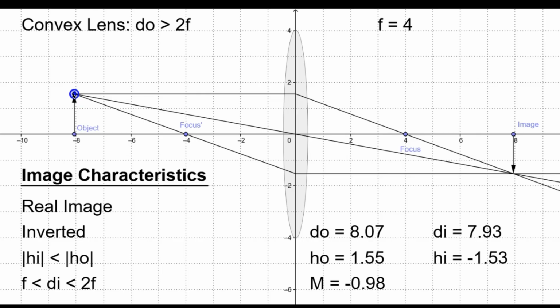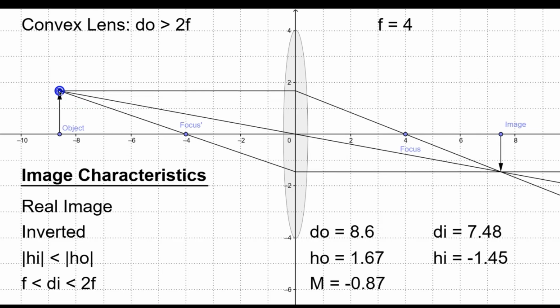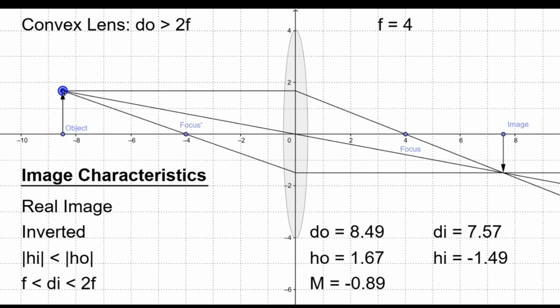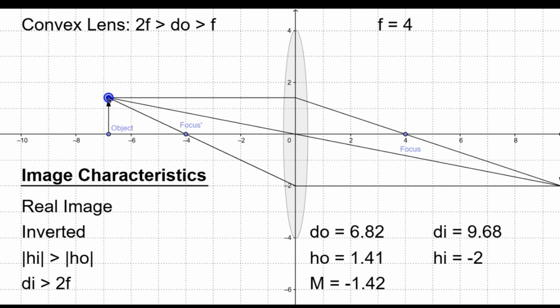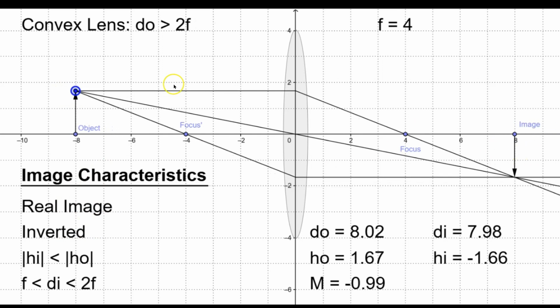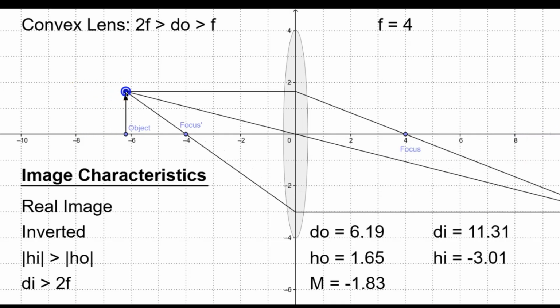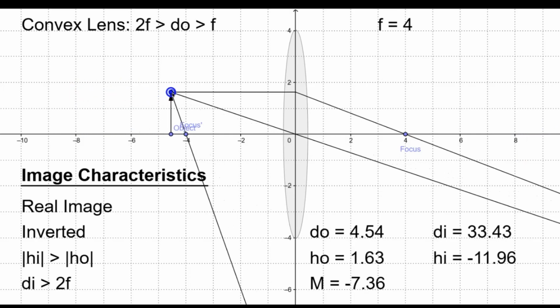Now I want to show you a cool little simulation here. So here we have the object located beyond 2 focal lengths from the lens, and you can see the image characteristics here. And as I bring it closer, you can see what happens to the size of the image on the right-hand side. I'm going to continue to bring this closer to the lens.